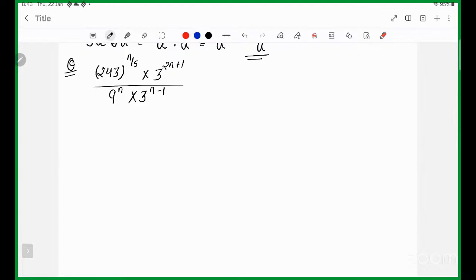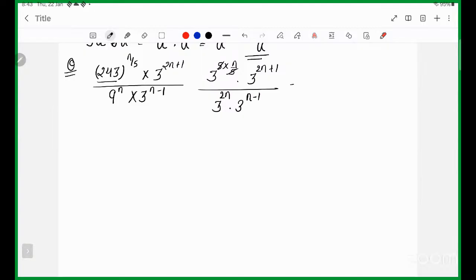So here what I will do, 243 is nothing but 3 raised to power 5. So I can write it as 3 raised to power 5 into n by 5. Here it will get cancelled out, so it will be 3 raised to power n into 3 raised to power 2n plus 1, and in denominator it will be 3 raised to power 2n into 3 raised to power n minus 1.